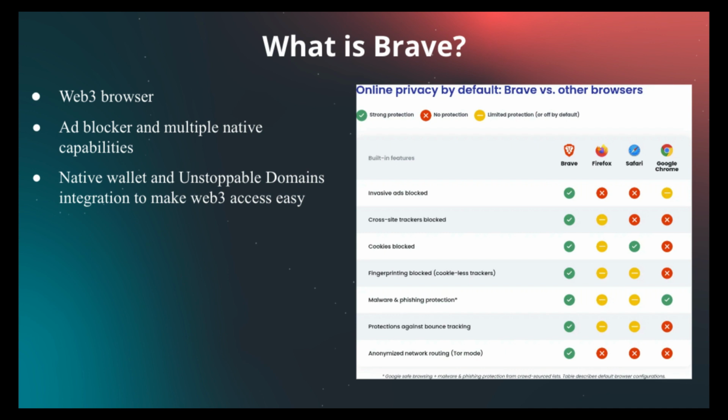A lot of ad blocking, as I mentioned, and they also say they have malware and phishing protection, which Google Chrome also seems to have, protection against bounce tracking, and anonymized network routing, which they call Tor mode. I haven't used that, but if you know how to, it seems like a pretty cool feature to navigate anonymously. As I mentioned in the beginning, they have a really big concern about privacy.